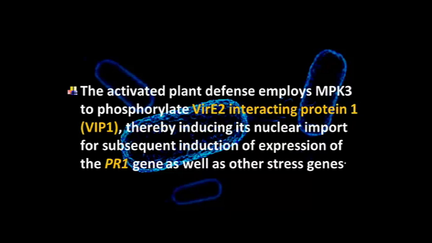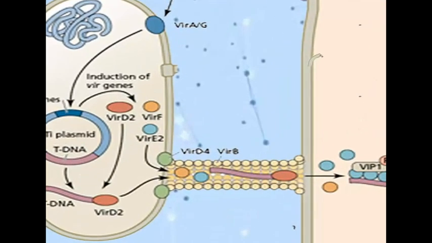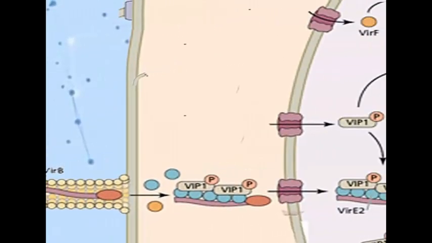The MPK3 then phosphorylates the Vir-E2 interactive protein called VIP1. The phosphorylated VIP1 protein now interacts with Vir-E2 on T-DNA. The VIP1 also activates the pathogenesis-related gene called PR gene. Now, the entire complex of VIP1 with T-DNA passes through the nuclear pore.